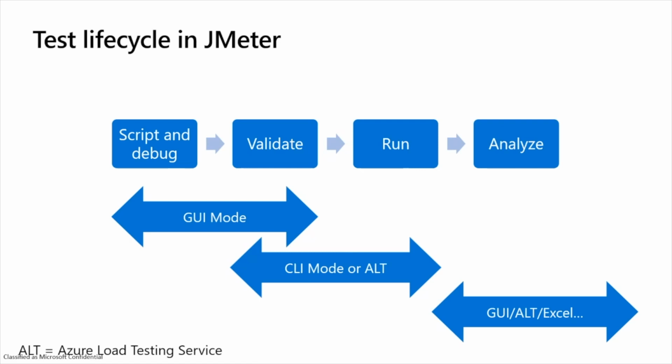Now the question that comes up here is, why CLI mode? Why can't I use the JMeter UI itself? You can use the JMeter UI, but what's the limitation, and what's the scenario where I should be using CLI or Azure Load Testing?